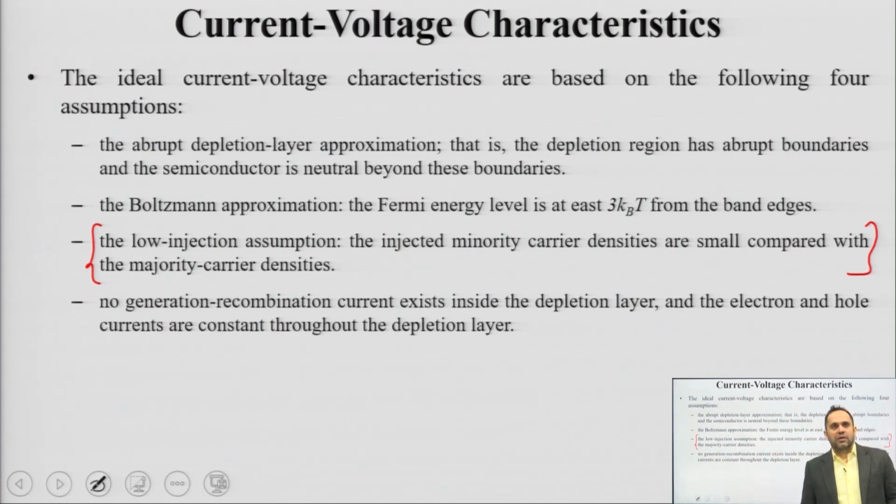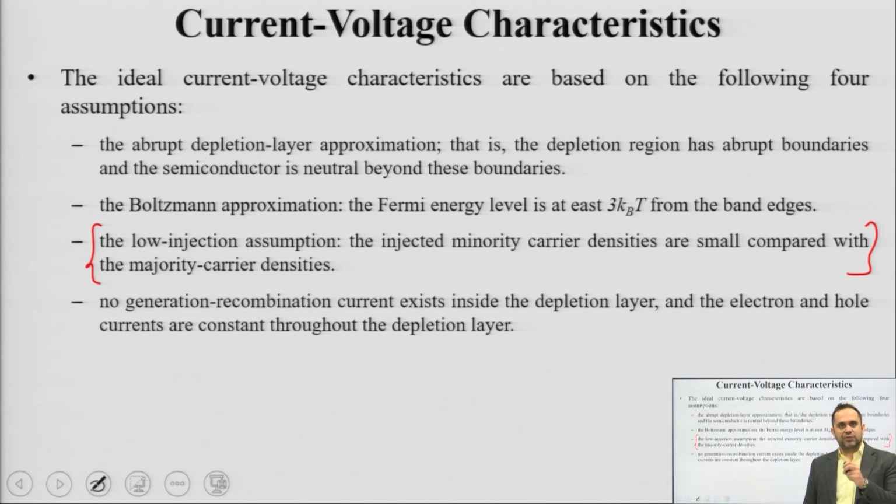Whenever we are making holes move from P to N, or we are making electrons move from N to P, this is possible by applying a certain voltage across the p-n junction. Whenever we do this, we are injecting minority charge carriers. Why minority? When holes move from P to N, in the N side they become minority charge carriers.